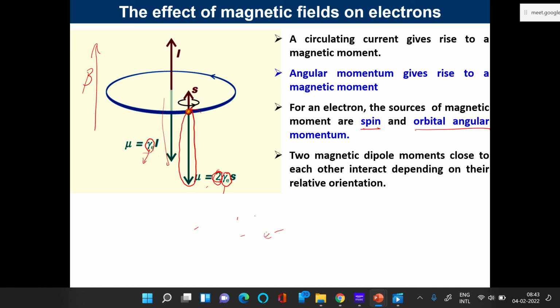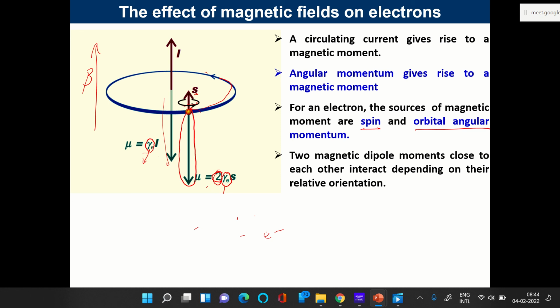If an electron is orbiting in this direction, see the direction of spin. Applying the right hand thumb rule, the spin vector points up, and the angular momentum vector for this orbital motion is also pointing up.